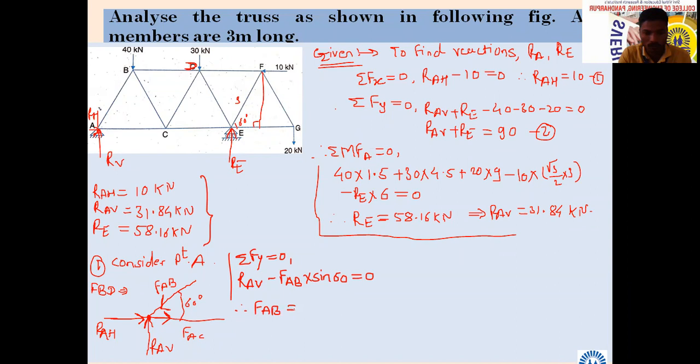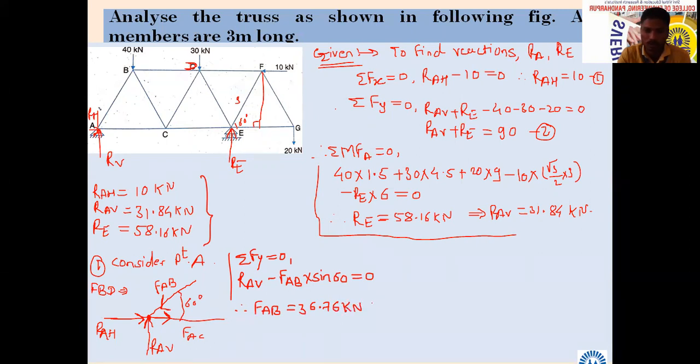Calculate how much FAB is. I think it is coming positive. 36.76 kilonewton.